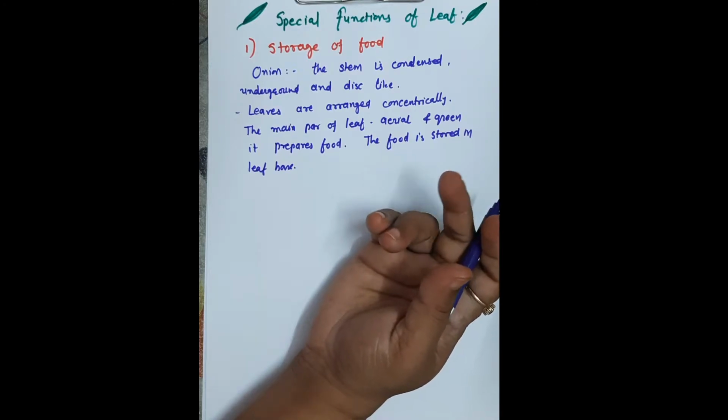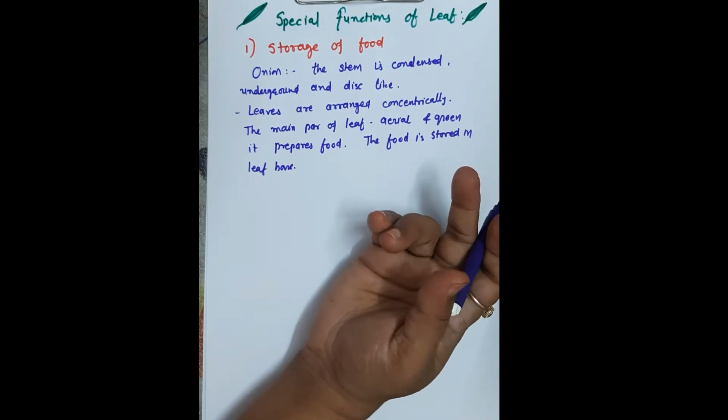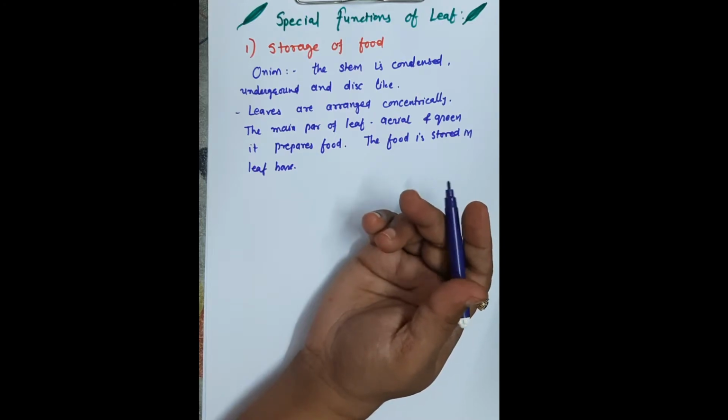Okay, and the periphery remains dry and papery, जैसे हमने onion में देखा है, right?